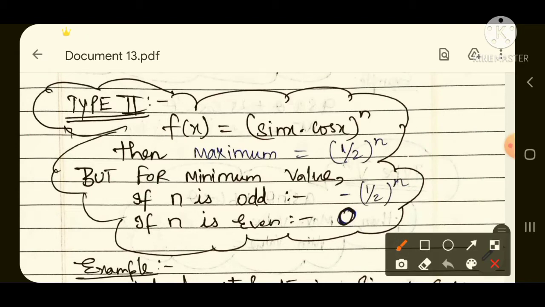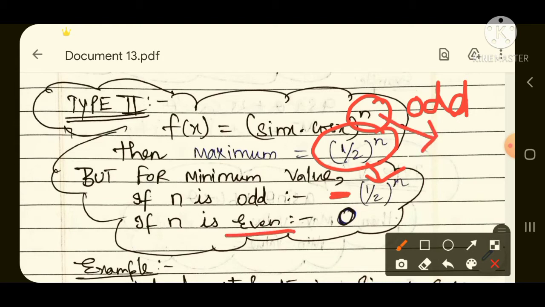If n is odd, then the minimum value is minus of whatever comes as your maximum value. But if n is even, then the minimum value is simply 0. Just a 1 second answer, simply 0. Just by seeing the options you will tick the minimum value if n is even.